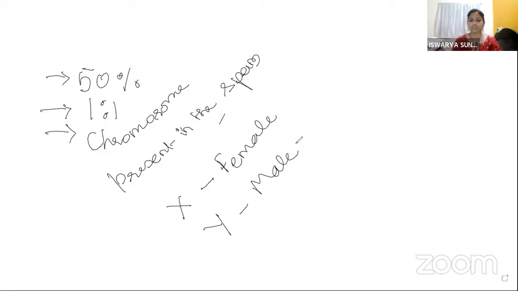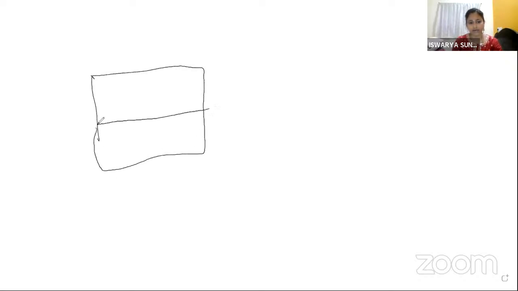Okay, so this is also one kind of monohybrid cross. Now, this monohybrid cross, we'll just put it into a table. I'm just drawing a table. What is the symbol, children?